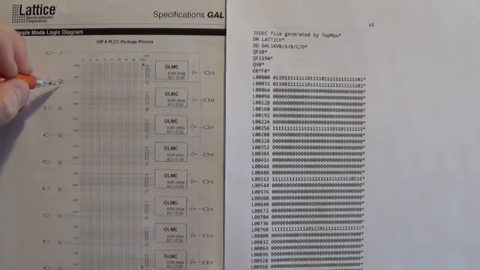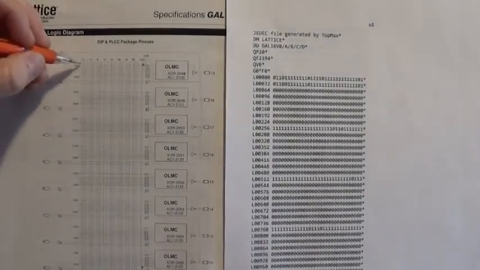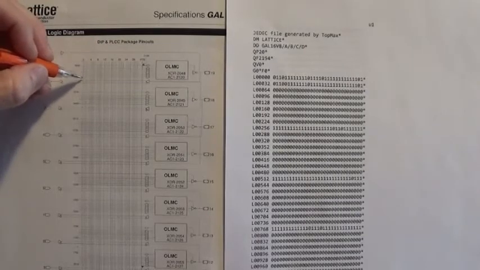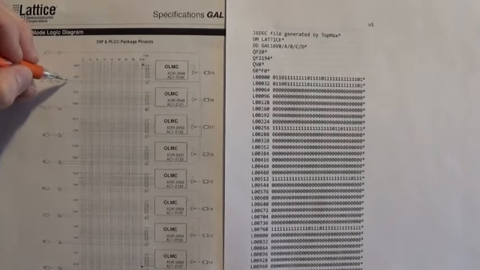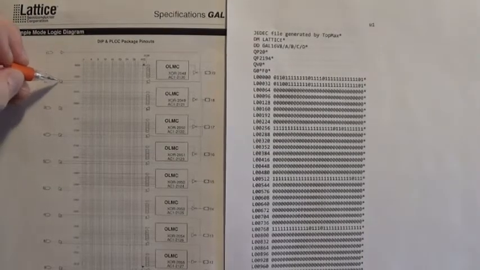The other one would be active low with the bubble. So we follow that first line down until we bump into this black dot and follow it over, and that's input pin 2.